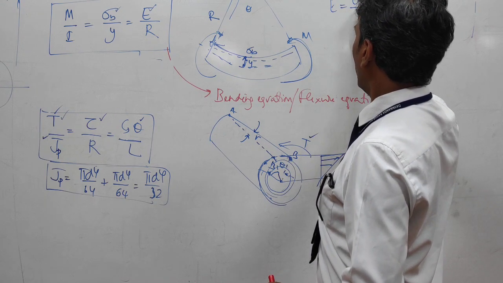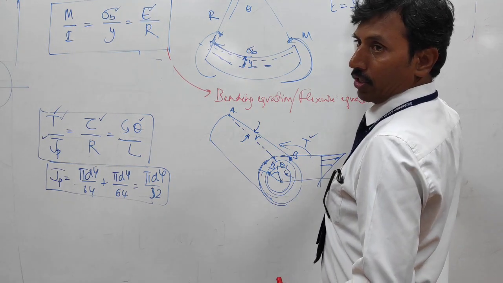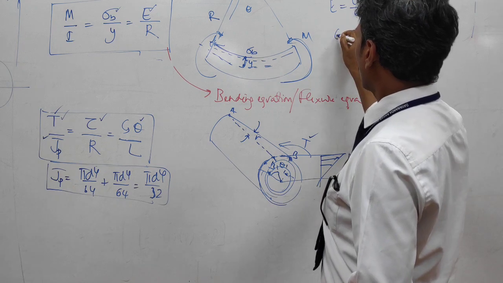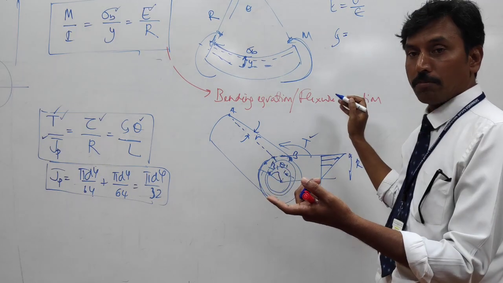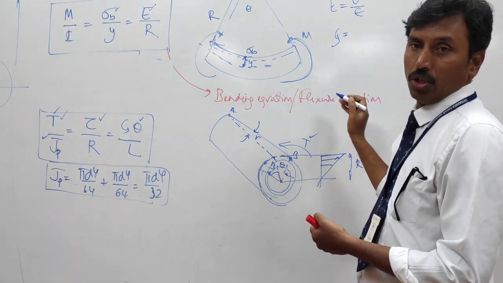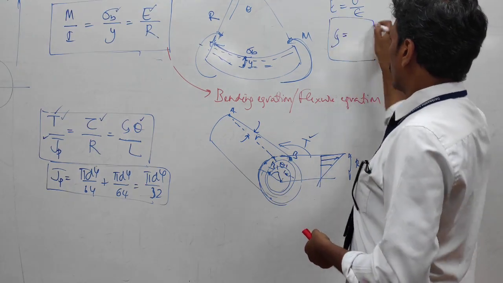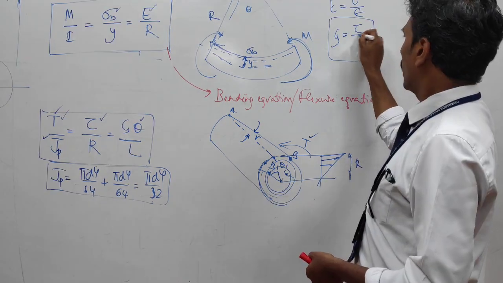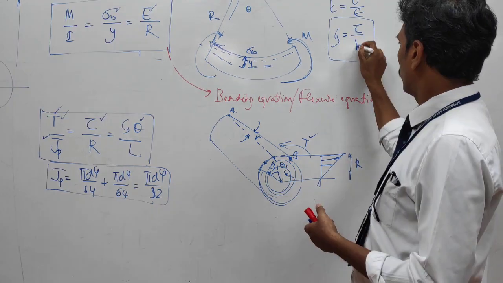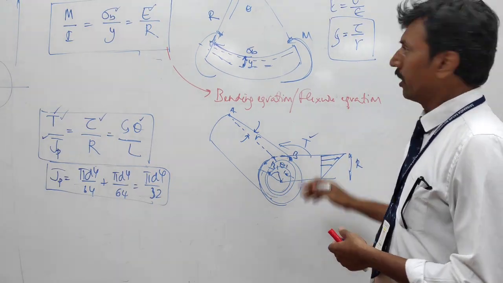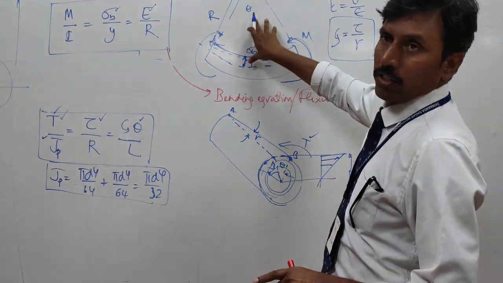Young's modulus is stress by strain. What is rigidity modulus? Shear stress by shear strain. Shear stress is tau, and shear strain is gamma.